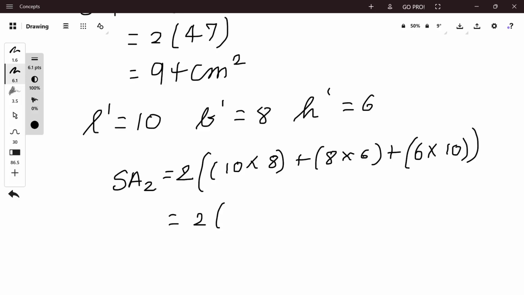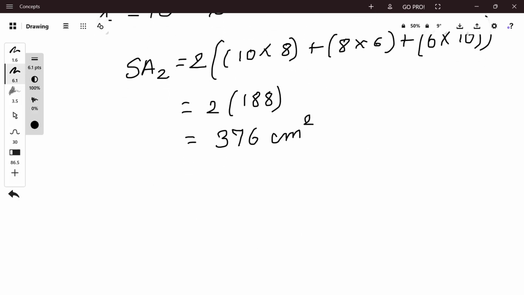That is 2 into 188, that is equal to 376 centimeter square.